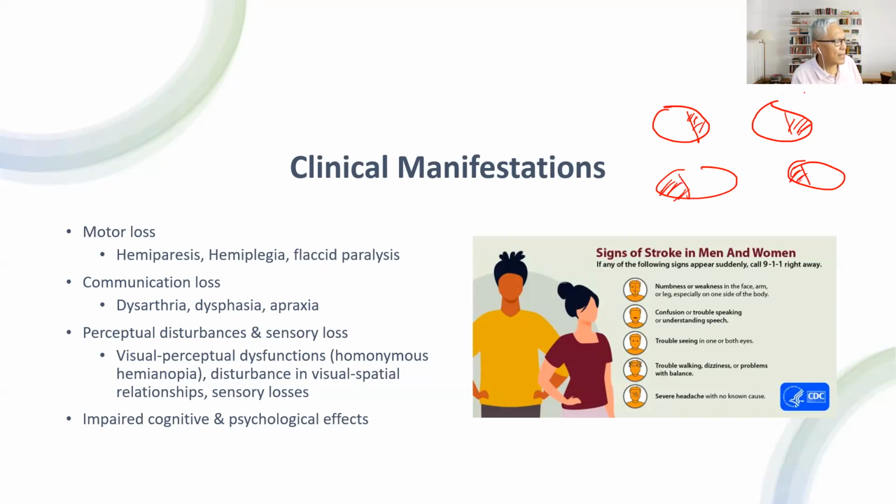Okay, so that is homonymous hemianopsia, as well as visual and spatial relationships. They see an object, they try to reach it, but they're doing like this because they have spatial problems, visual spatial problems, and of course, impaired cognitive and psychological effects.